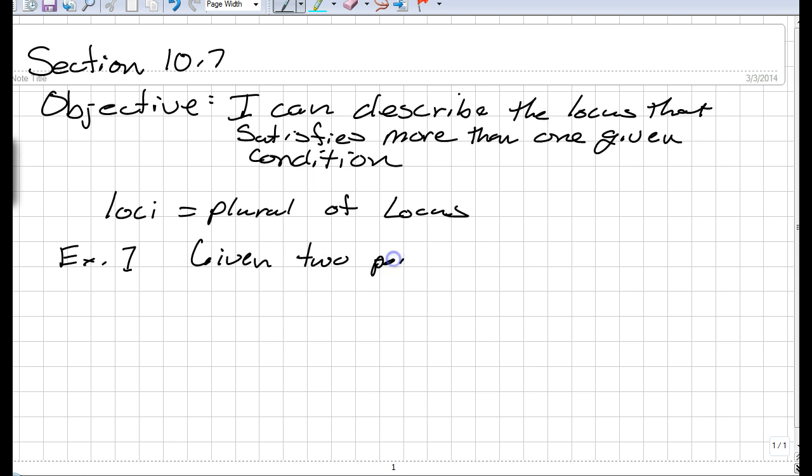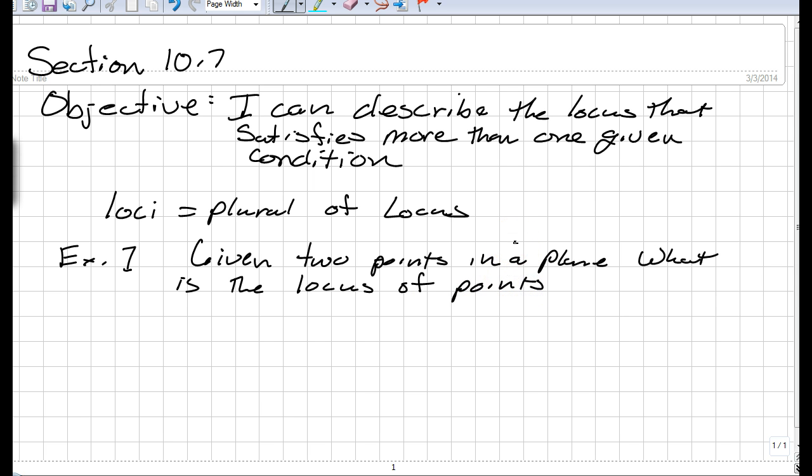Given 2 points in a plane, what is the locus of points one centimeter from point A and 2 centimeters from point B?